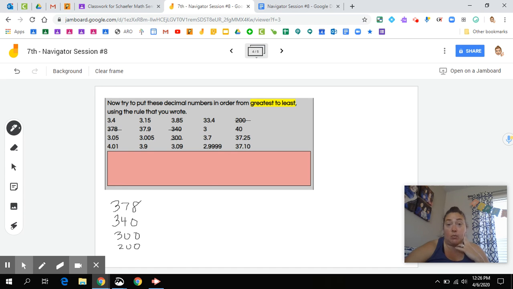So then I'm going to look at all the numbers that had 2 digits. So really it's like thinking about something that's in the tens, like 30s or 20s or 50s. So numbers like 37.9, right? It's in the tens. Let's see what else there is. 33.4 is in the tens.